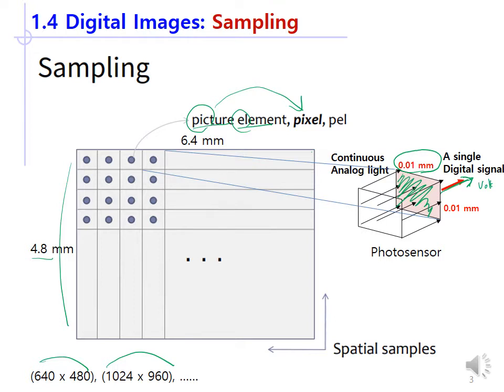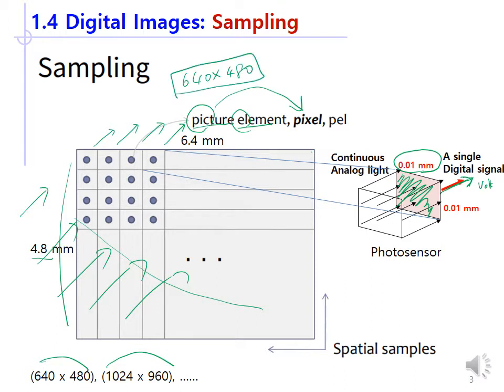During this process, an analog image is sampled into 640 by 480 pixels. The light is a continuous analog signal, but when it passes through the CCD chip, it is sampled into 640 by 480 voltage signals.